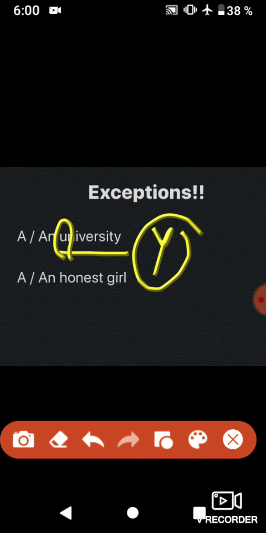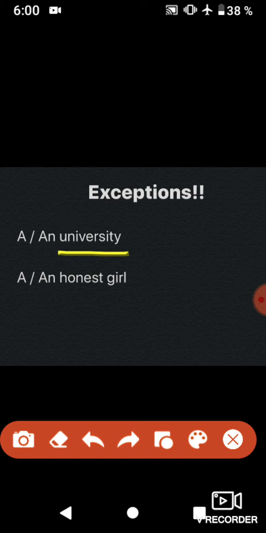We are going to use the sound. I'm saying university. It sounds like another word, like a consonant. So in this case we are going to use a university because we are taking into account the sound.